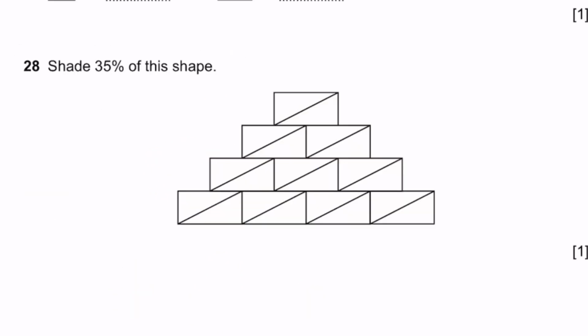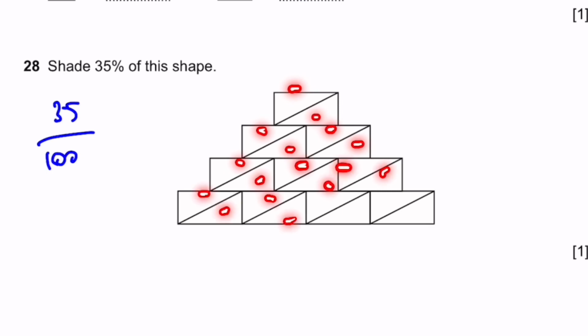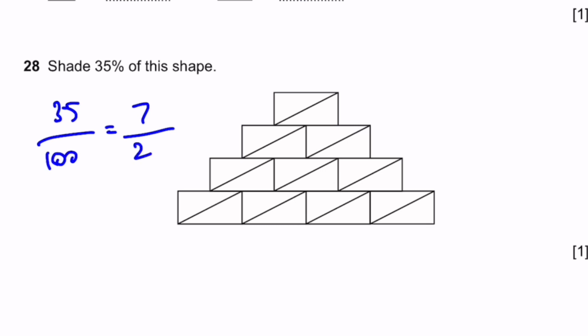Question 28. Shade 35% of the shape. 35% means 35 by 100. Now how many triangles are there to shade? 1, 2, 3, 4, 5, 6, 7, 8, 9, 10, 11, 12, 13, 14, 15, 16, 17, 18, 19, 20. 20 triangles. Now 35 by 100 can be simplified to 7 by 20.